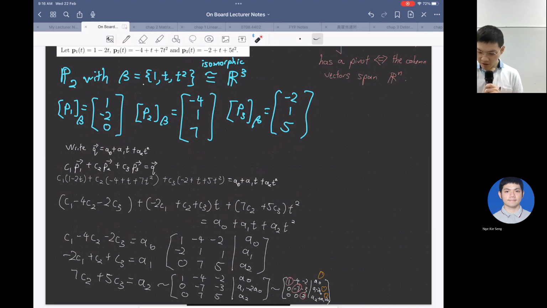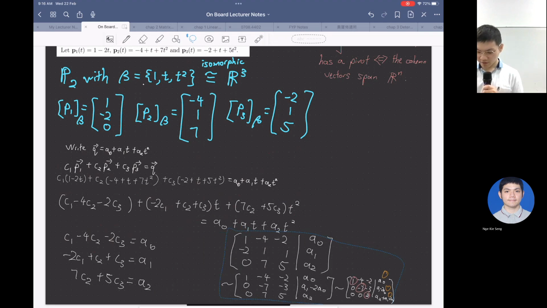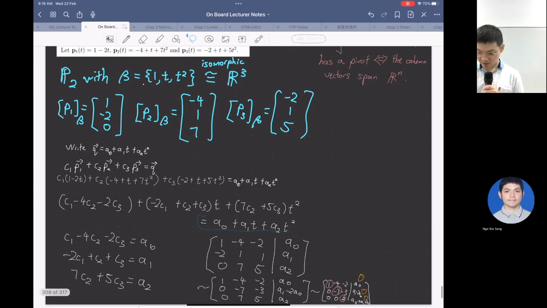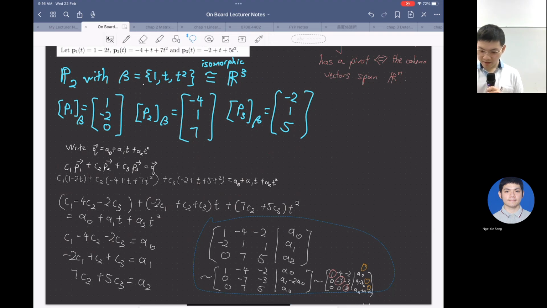So from this matrix here, there's some more condition it encodes. Last time we saw that the columns record the solution, the variables C1, C2, and C3. How about the rows?